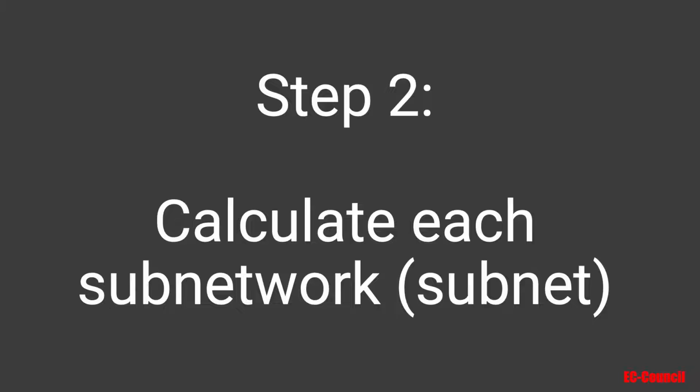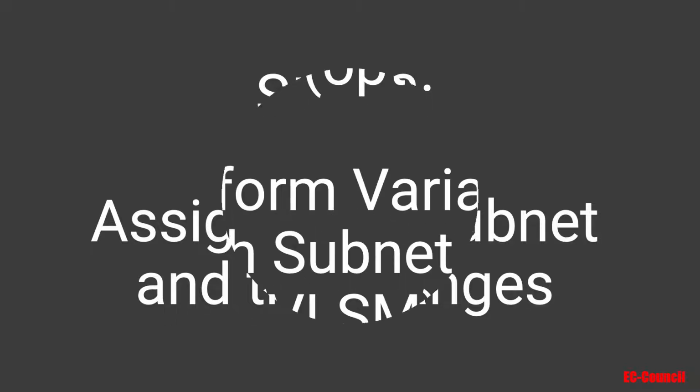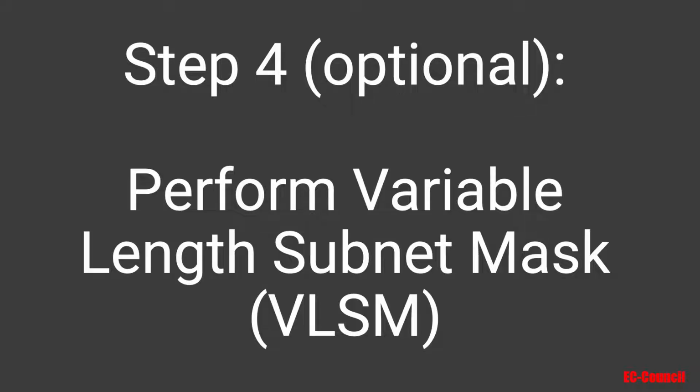The second step is to calculate each subnet or each subnetwork. The third step is to actually assign each subnet and their corresponding ranges to the actual networks. And then we'll take a look at step 4, which is performing something known as variable length subnet mask, VLSM. VLSM, to put it simply, is subnetting a subnet.